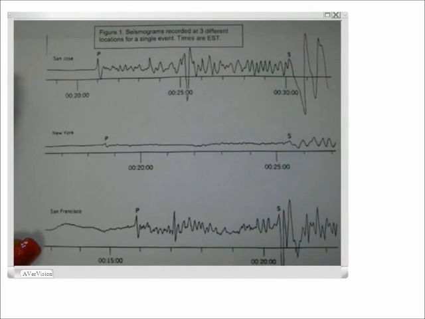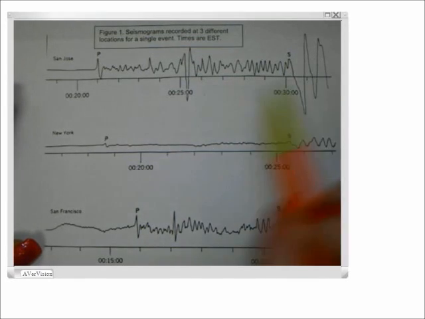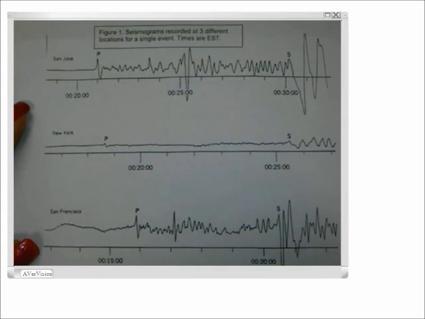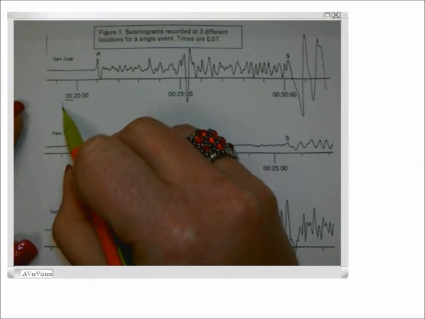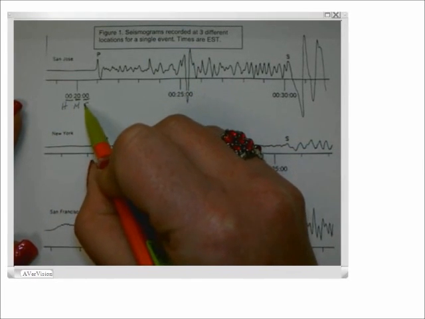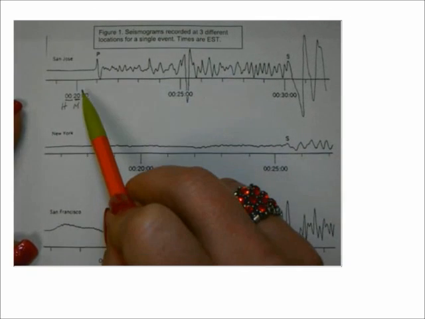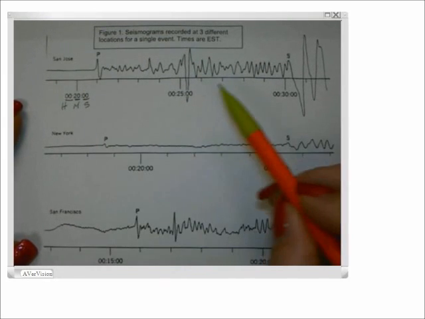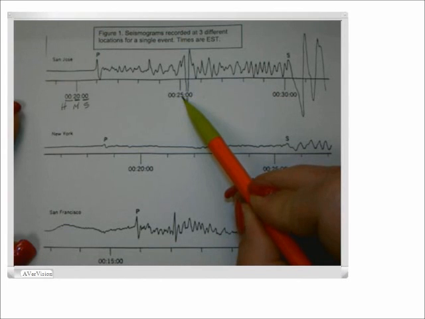The tricky part comes in determining the scale of this map. So this number indicates hours, the middle one is minutes, and the last one is seconds. So this would mark 20 minutes, this would mark 25 minutes.